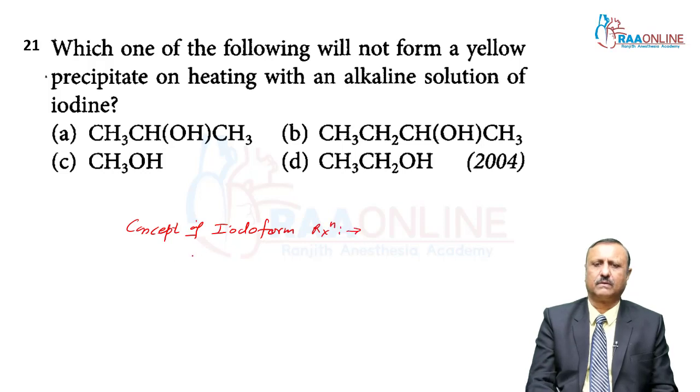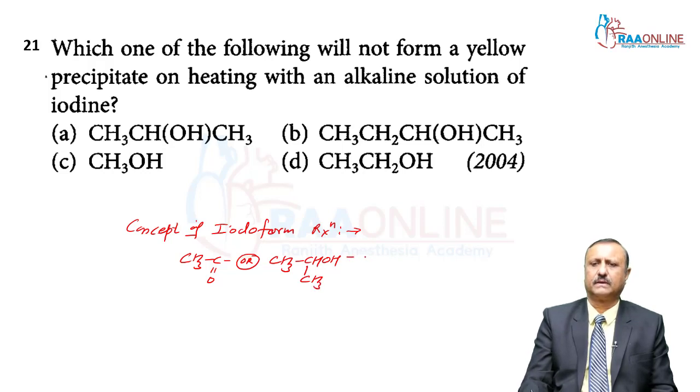When any compound in which a CH3CO or CH3CH(OH) group is present reacts with iodine and NaOH, it gives a yellow precipitate of CHI3, or iodoform.